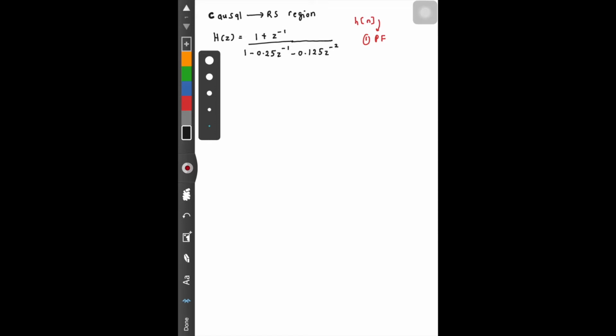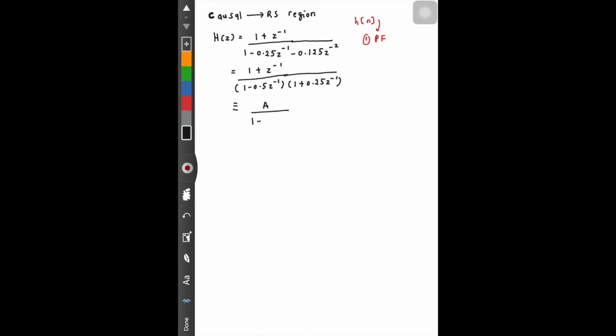So when you use partial fraction, we're going to have A over something plus B over something.